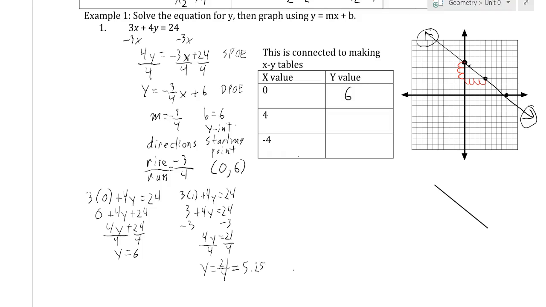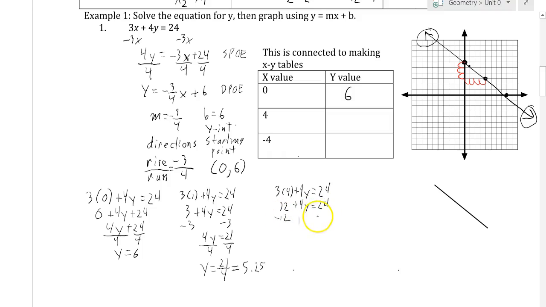If you're super savvy, you pick numbers that make it easy to divide by 4. So you pick multiples of 4. So if we plug in 4, we would have 3 times 4 plus 4y equals 24. 12 plus 4y equals 24.